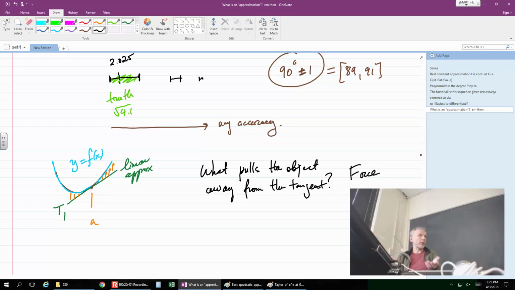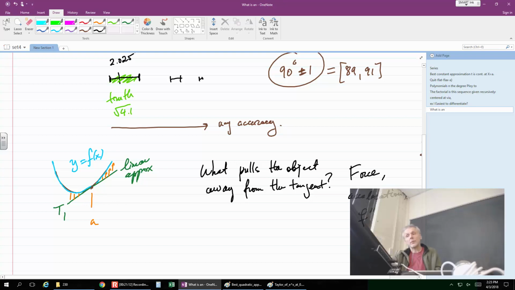We know that if there are no forces, everything moves along a straight line. That's what physics tells you. Force is more of a physics concept. It's easier to understand through Newton's second law, acceleration, which is the second derivative.